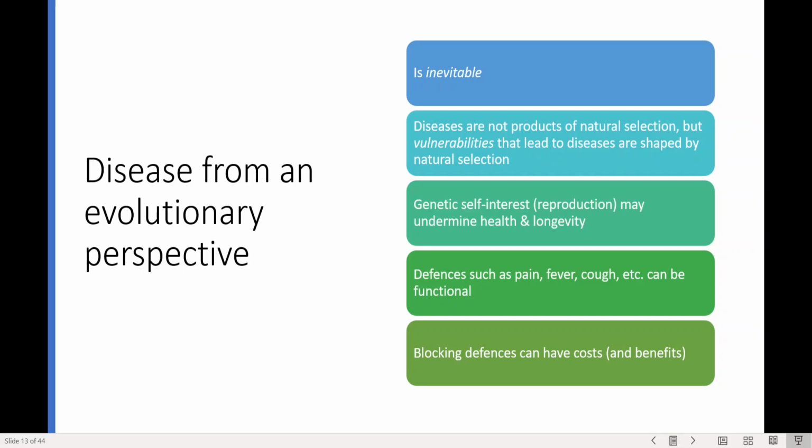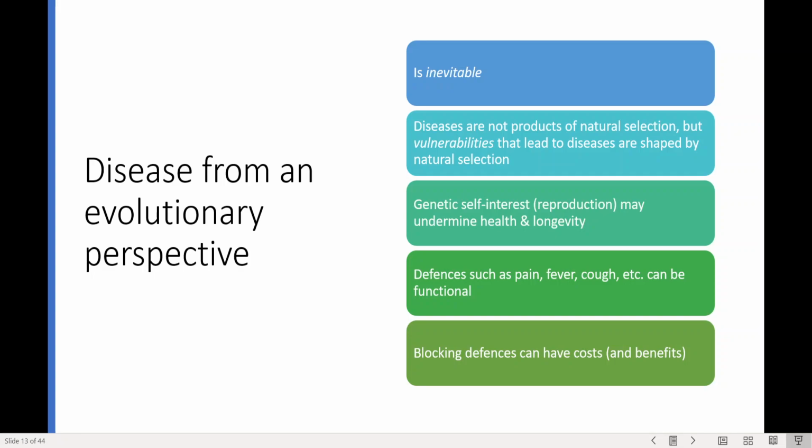So there are always vulnerabilities that we inherit through a long history of evolution. In the course we already talked about, for example, some of these genes that we inherit from even tarsiers or even further back, where there are specific adaptations for specific environments that we now inherit that are not relevant anymore.